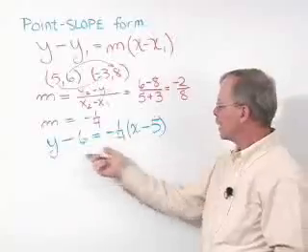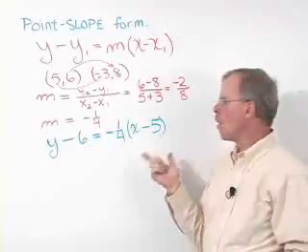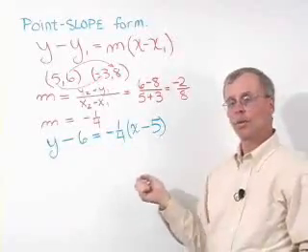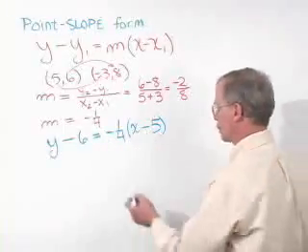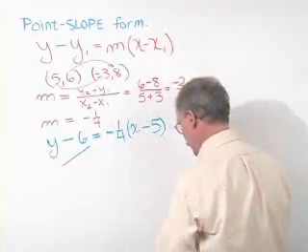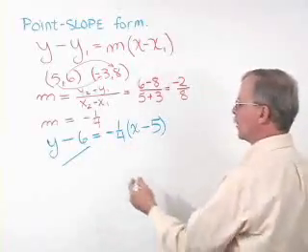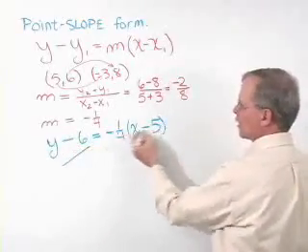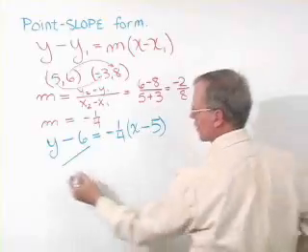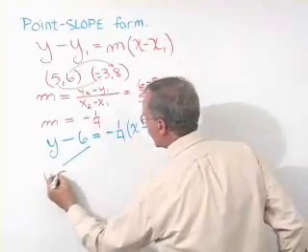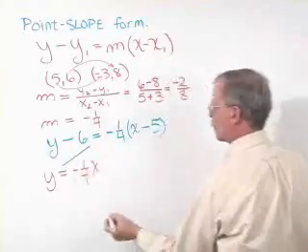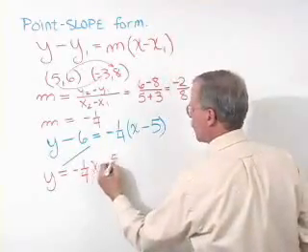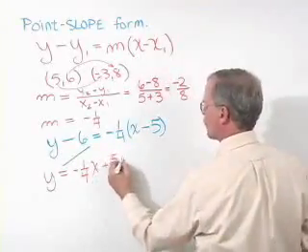And we may not need to change it from this, or we might want to convert it back to one of the other forms. We may put this in slope-intercept form. If we do that, it will be add 6 to both sides and remove these parentheses, and we'll end up with y equals negative 1/4 x plus 5/4 plus 6.